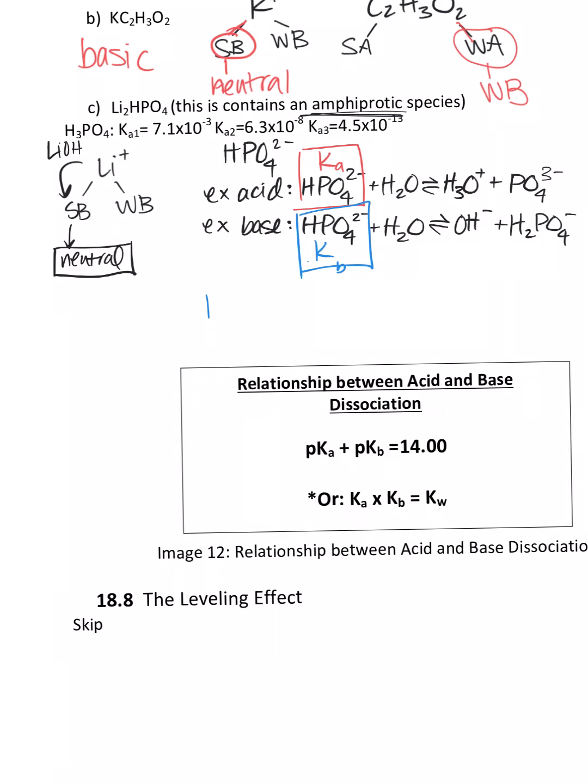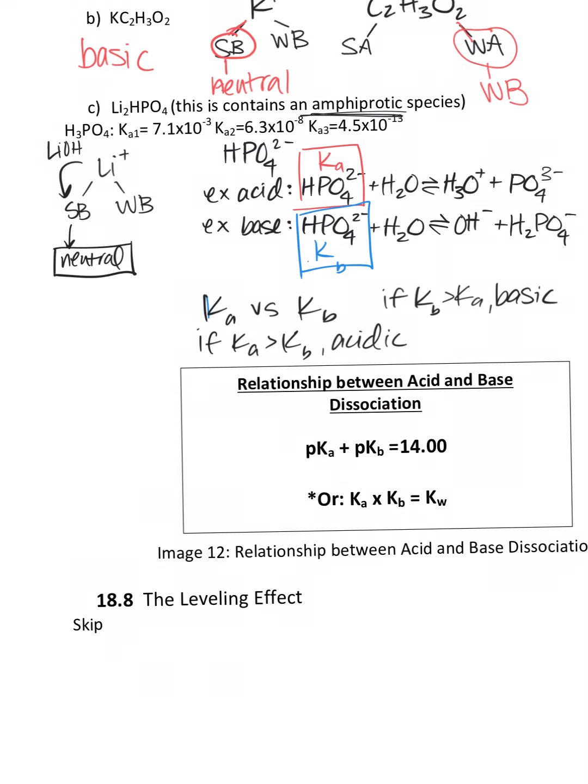So let's try this again. I need Ka versus Kb. If Ka is greater than Kb, then the species is acidic. If Kb is greater than Ka, it is basic. So that's the simplified version.